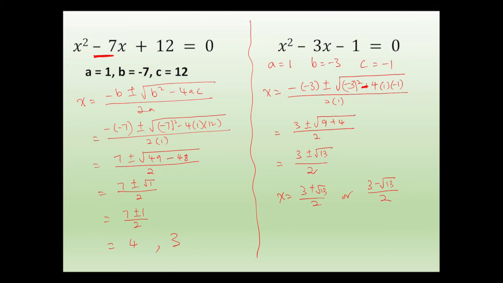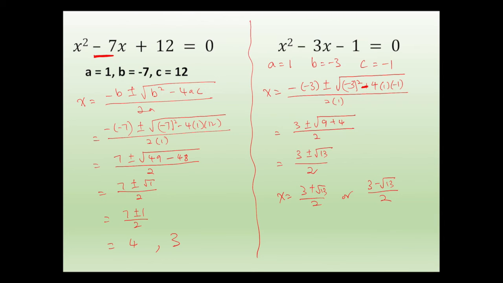So here you have learned how to use the quadratic formula to solve for x. Alright, we will explore the quadratic formula a little bit more in the next few lessons.